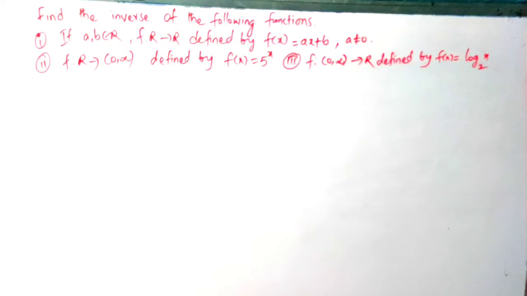Second problem is f is R to the open interval 0 comma infinity, defined by f of x equals 5 power x. Third one, f is from 0 comma infinity to R, defined by f of x equals log x base 2. So these are three problems. We find out the inverse of the given functions.